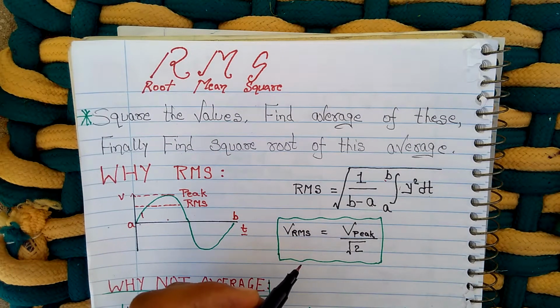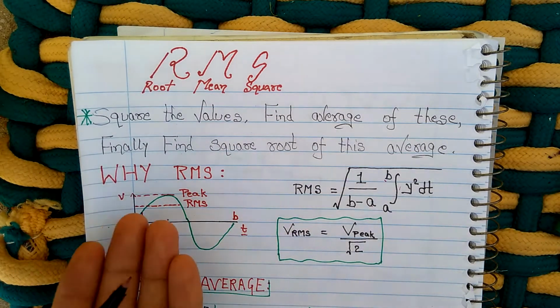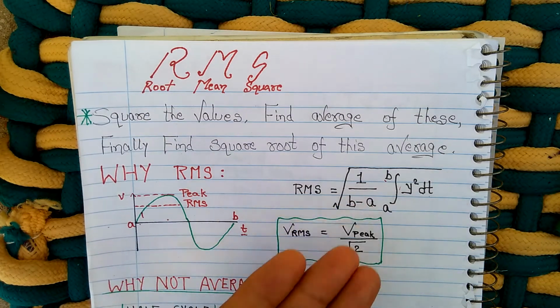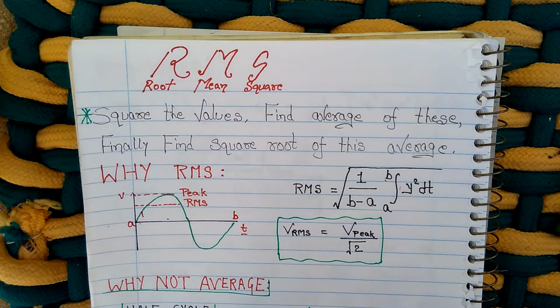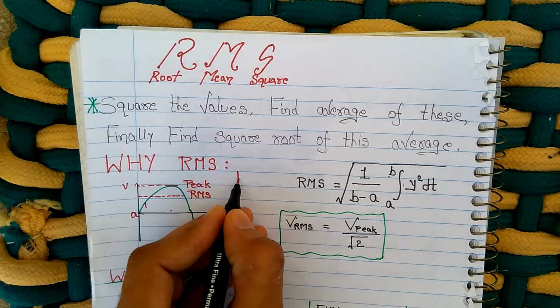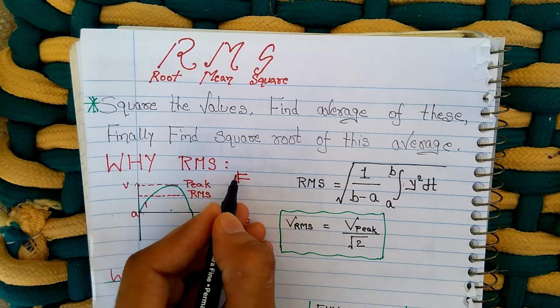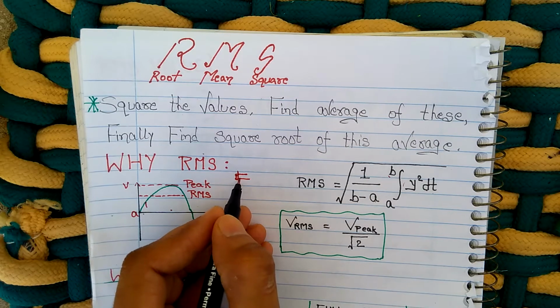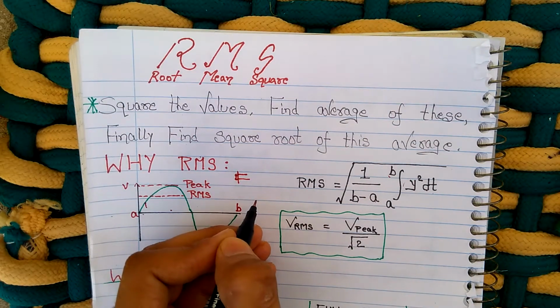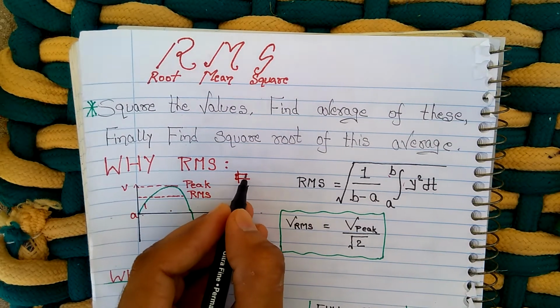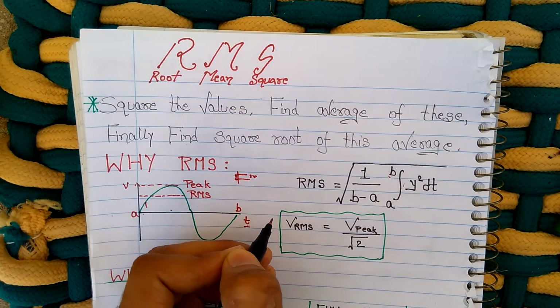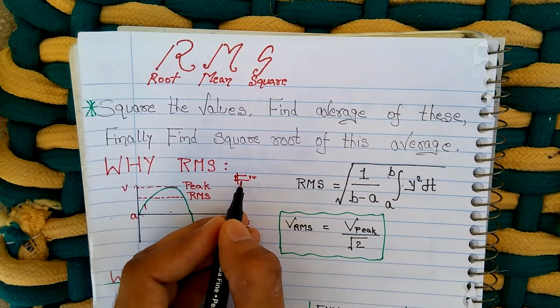But why am I doing all this mathematics? Suppose you have some DC, then for that DC you have some fixed value of voltage or current for that waveform. Suppose this is 5 volt DC, then you have this 5 volt for this waveform.